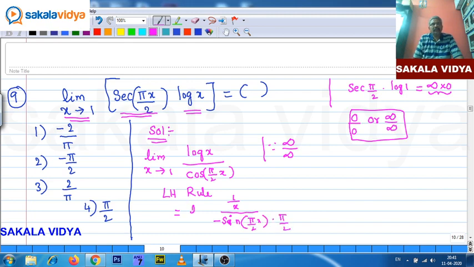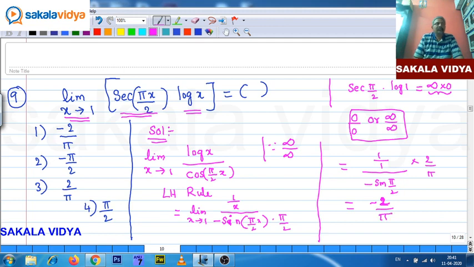Limit x tends to 1 itself only. So, now let us substitute the limit. We get 1 by 1 upon minus sin pi by 2 into pi by 2, means 2 by pi. Sin 90 is 1, 1 by 1 is 1, minus 1 into 2 by pi, minus 2 by pi is the right answer. So, first option is the right option.